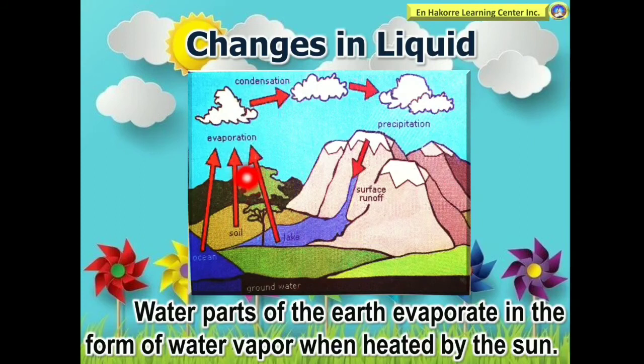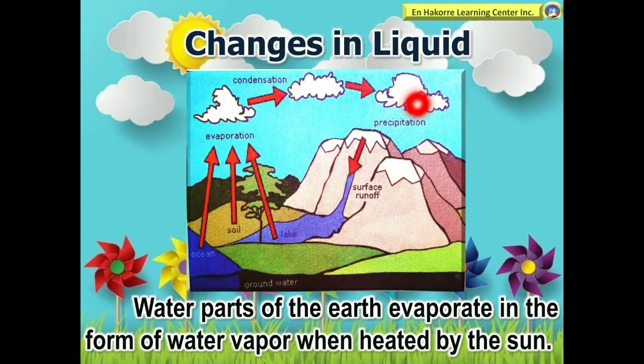It will go into the atmosphere in the form of evaporation, and then it will form clouds, and it will condense, and it will undergo the process of precipitation. And precipitation, children, can be in the form of rain and ice. So as you can notice, the rain will go down and go back again to the surface of the earth and to the lake. So that is the cycle of water.